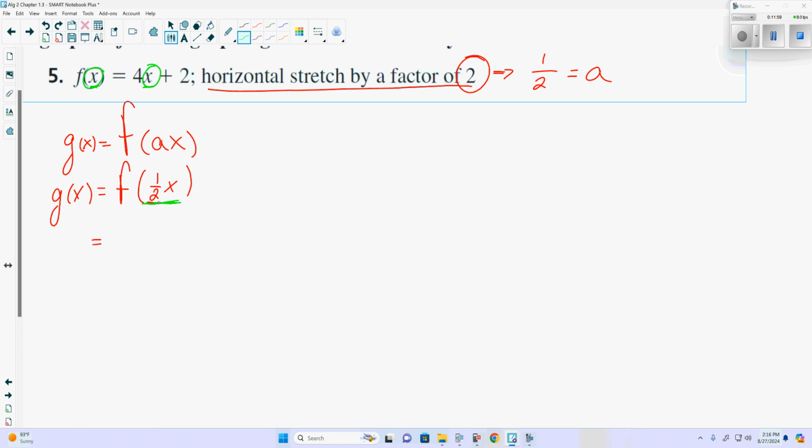So for us here, when we do that replacement, we still have the 4, but instead of x, we have 1/2 x plus 2. The x's change, everything else doesn't. We still have the 4. Instead of x, we have 1/2 x. And we still have the plus 2.